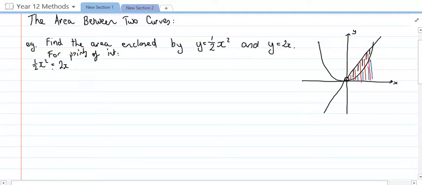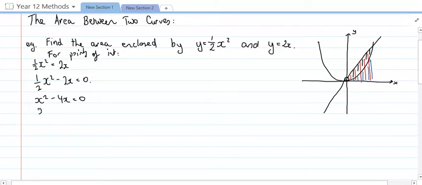So probably a good thing to do here would be minusing 2x on both sides. So half x squared minus 2x equals 0. I'm also going to multiply by 2 just to get rid of that half. So then I've got x squared take 4x equals 0. This is a quadratic equation, so we need to factorize to solve.